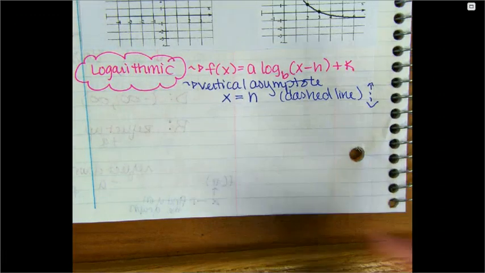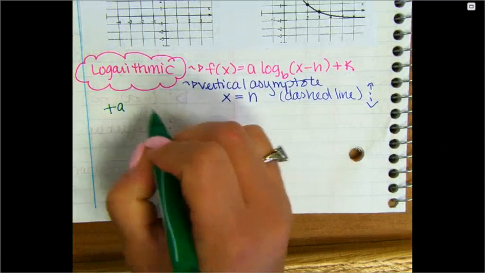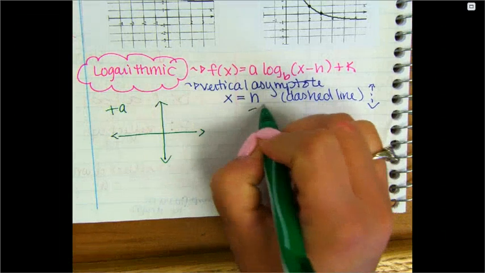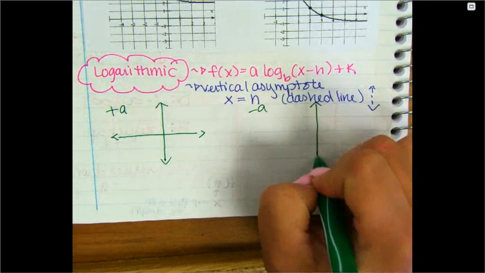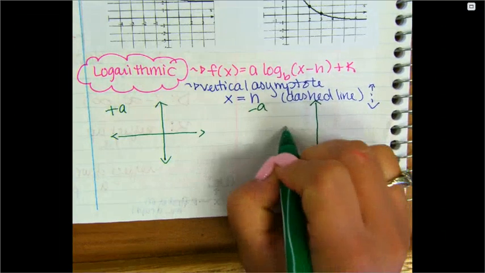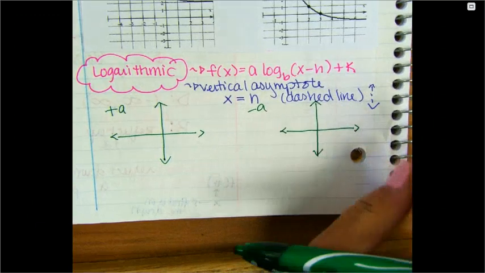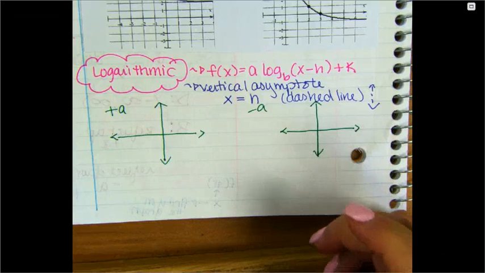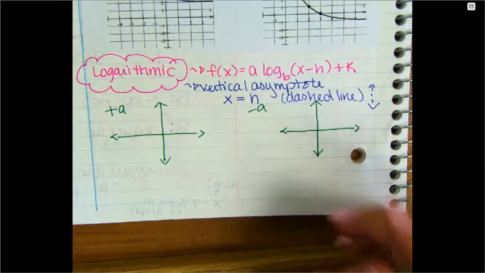All right. What do we know about this one? This one has positive a. Little sketch, and negative a. What's it, Raina? Because remember, that's your vertical shift. And the other one was your horizontal. That's why.